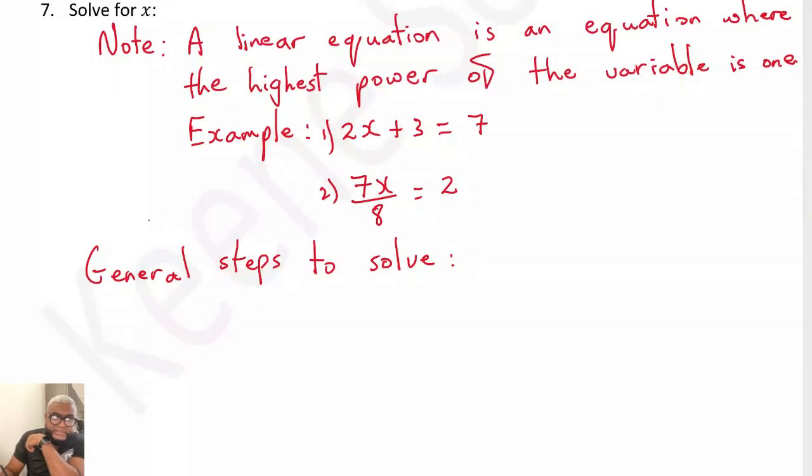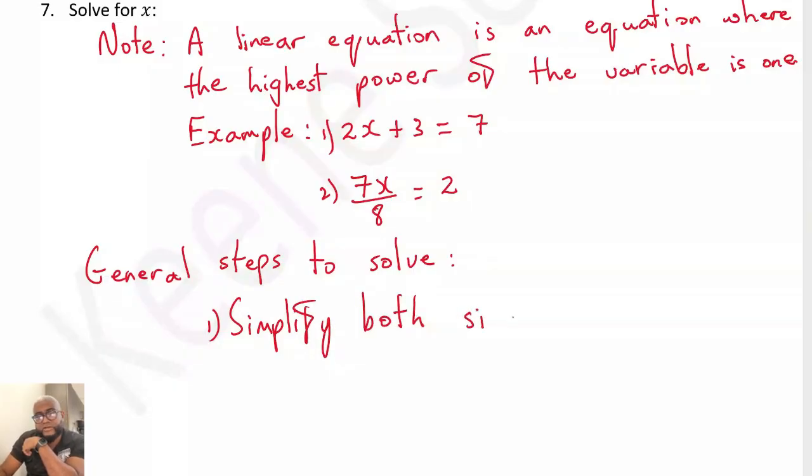If we have brackets, the first thing will be to simplify both sides of the equal sign.